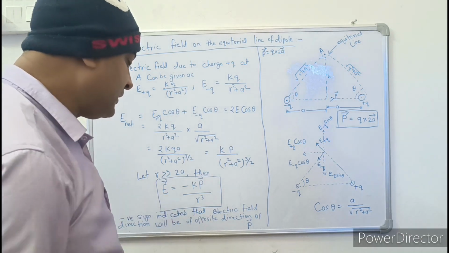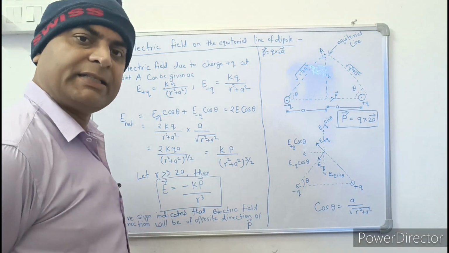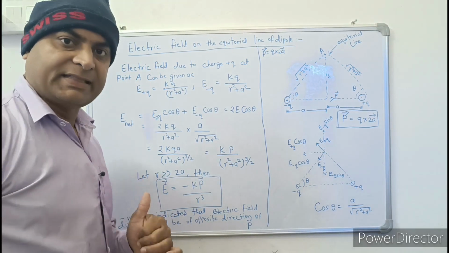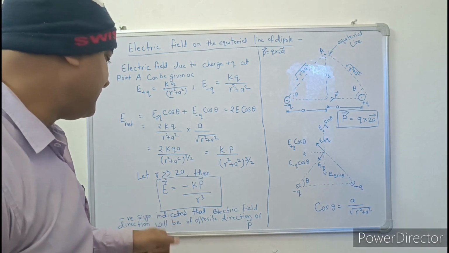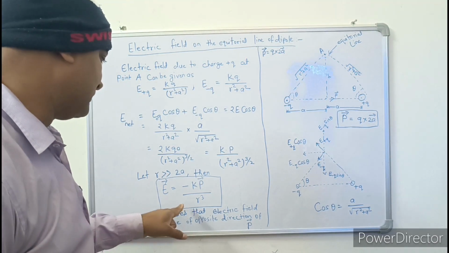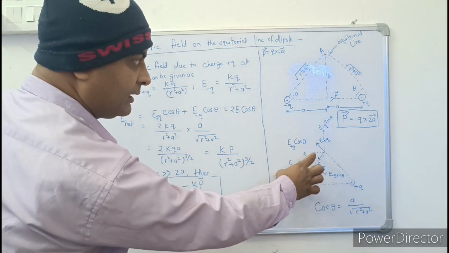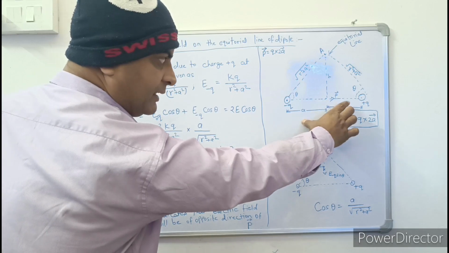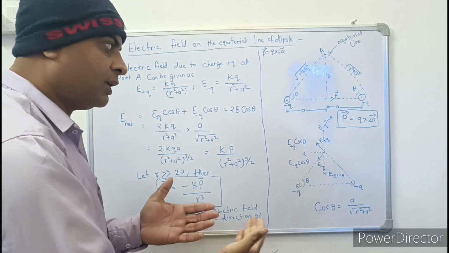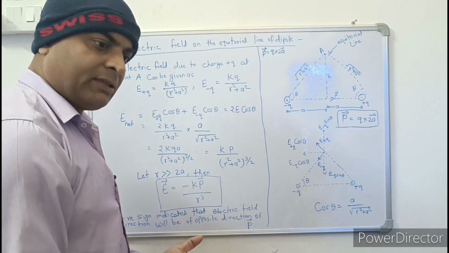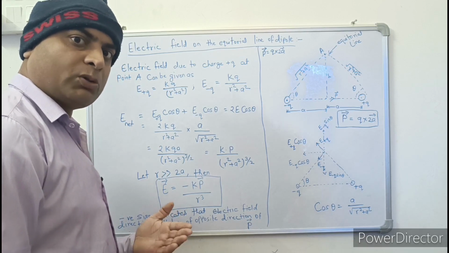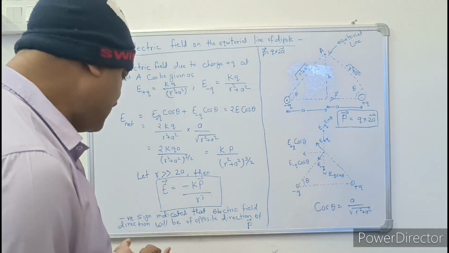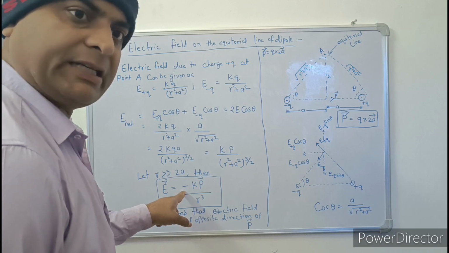And if you see, I have taken a negative sign before this term. What does this indicate? The negative sign indicates the electric field direction. The electric field is in this direction, whereas the dipole moment is in this direction. So the electric field is in the opposite direction of the electric dipole moment, and just to accommodate this we have taken the negative sign.